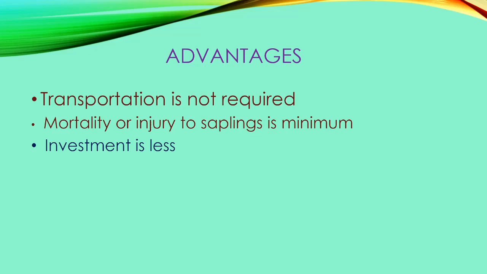Since they are very nearby to the main plantation area, the injury to the saplings will be very minimum. The injury during lifting and shifting of these plants for transplantation will be very less. It will be very negligible. Investment is less as no permanent structures are to be constructed for these temporary nurseries. Investment is very less.